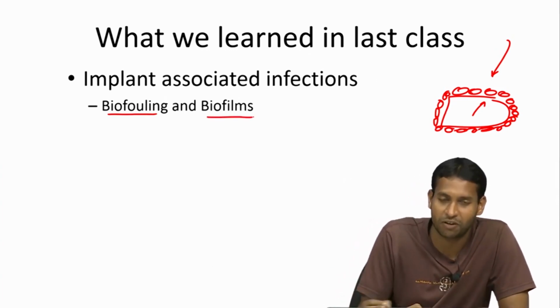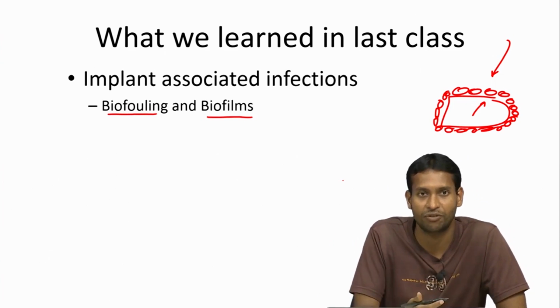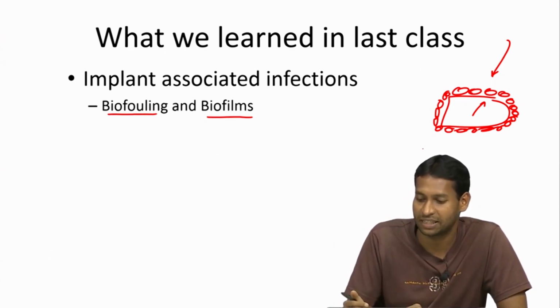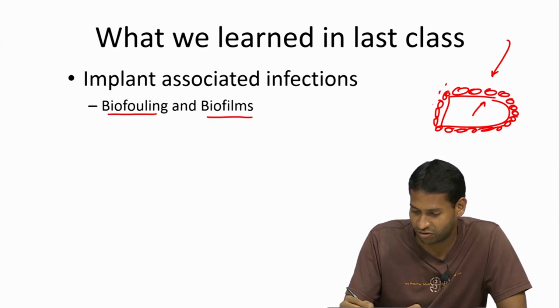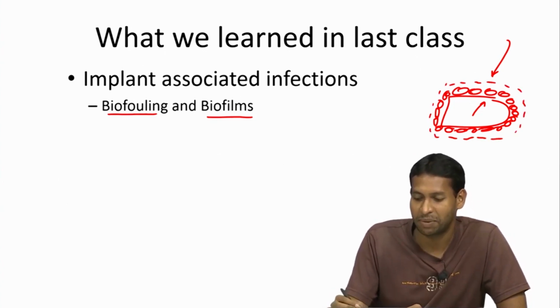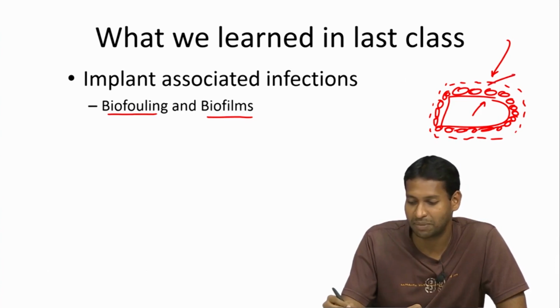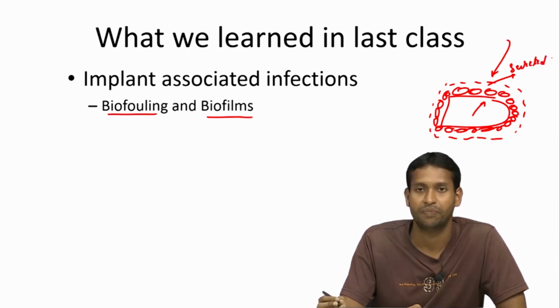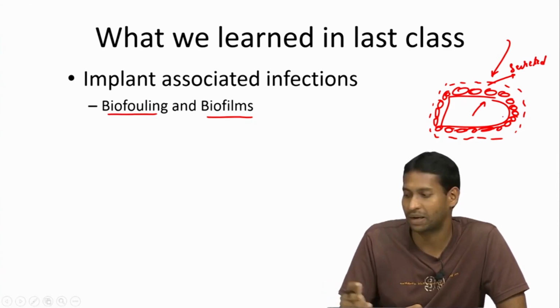And then we also discussed biofilms, which is essentially a type of biofouling. This layer is composed of small communities of bacteria, along with some of the secreted material that these bacteria are producing, and essentially forming a barrier layer, but this time only composed of the bacteria itself.